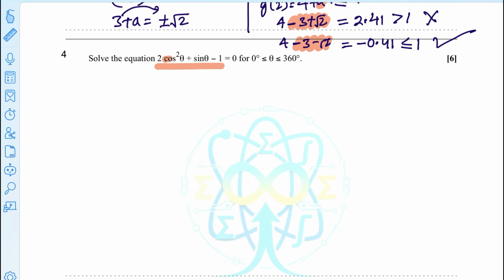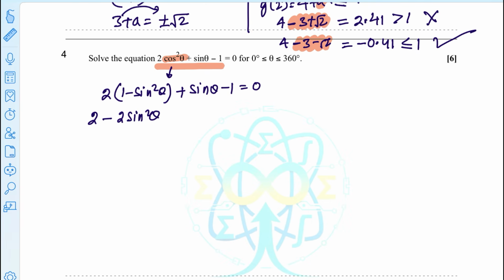For example, here it is given cos square theta, right? Can I convert this into sin square theta? Yes, I can. So 2 times, if I put 1 minus sin square theta, plus sin theta minus 1 equals 0. If you expand this bracket, 2 minus 2 sin square theta plus sin theta minus 1 equals 0.